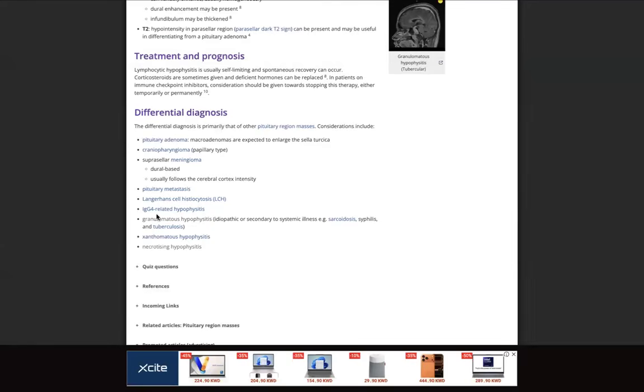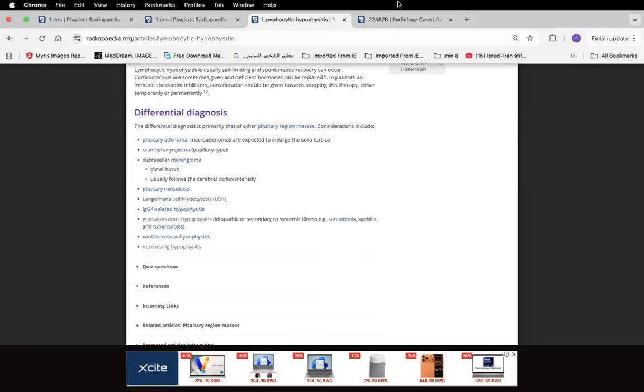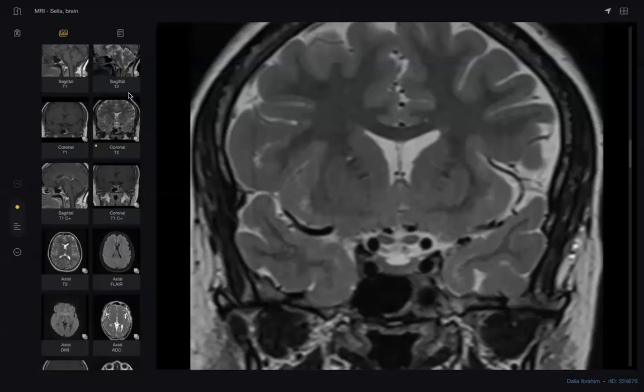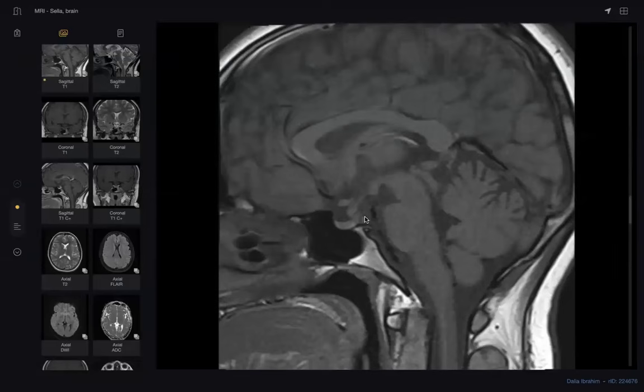Anyway, IgG4-related hypophysitis or granulomatous hypophysitis, either sarcoidosis or syphilis. Again, what happened here? This is autoimmune inflammation, a bulkiness of the stalk and abnormal loss of the signal here.